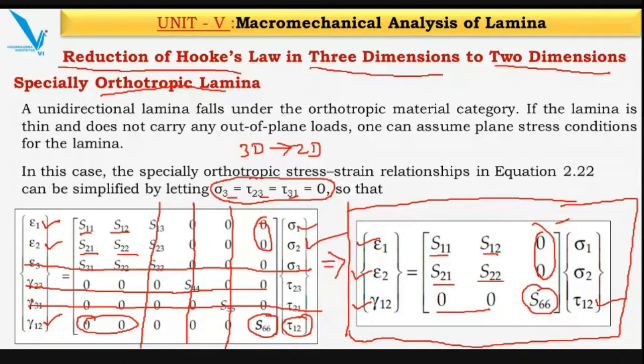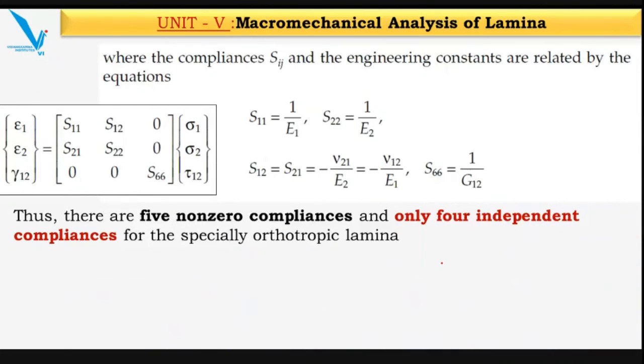How many constants are there? How many do you need to find out? Only 1, 2, 3, and 4, because this is symmetric. Just 4 constants you need to find out here. And already we have found out these values in earlier equations.